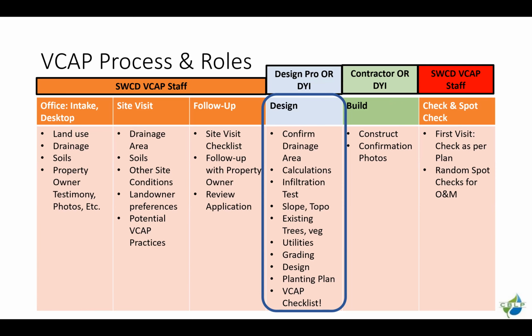In which case a district staffer might just be double checking and making sure that all the I's are dotted and T's are crossed. However, I've certainly seen district staff that like to do the calculations themselves, and they provide it to the designer to say this rain garden must be this size and this deep and XYZ.